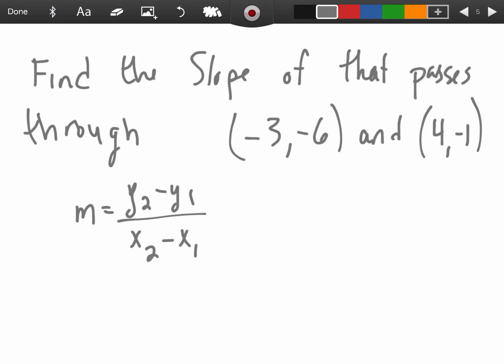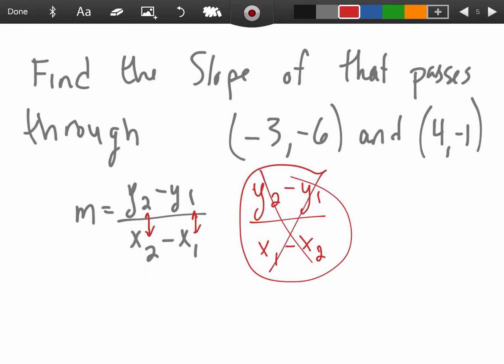Now, the thing here, guys, is it doesn't matter if we accidentally mix up, like, oh, which one of these is P1 and which one of these is P2. It doesn't actually matter as long as we stay consistent. And what I mean by that is if we start by subtracting y2 minus y1, we have to also start with x2 in the denominator. Okay, so that the 2's must line up. These 1's must line up. Okay, you cannot do, and I'll write this in red, you cannot do y2 minus y1 over x1 minus x2.